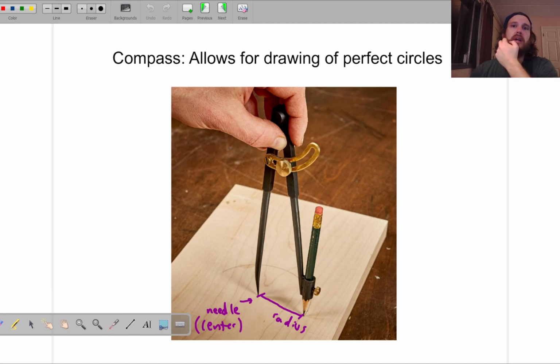Okay, perfect. All right, so what are the parts of a compass? Here I've got my trusty little compass. This compass came from a friend who is an architect and engineer. It's a nice one, and it's really, really sharp.